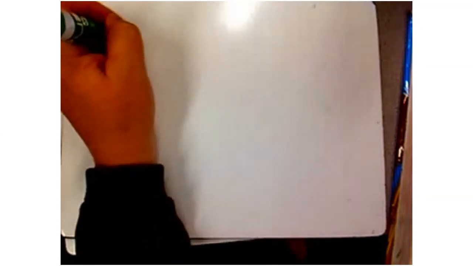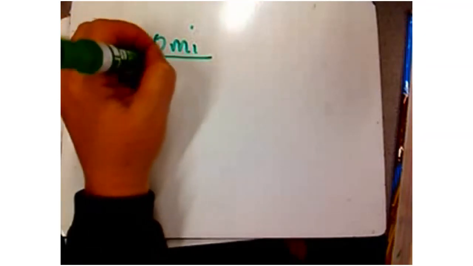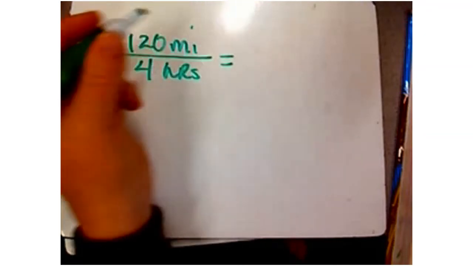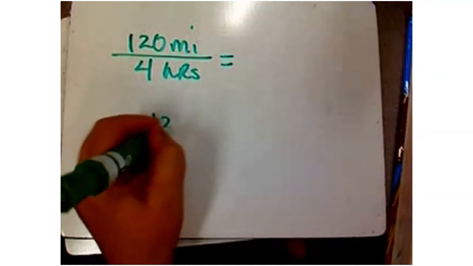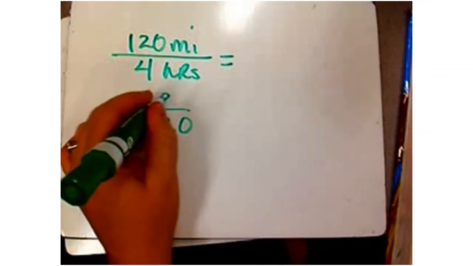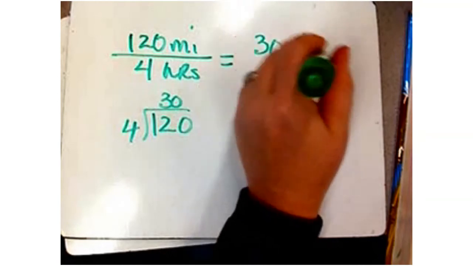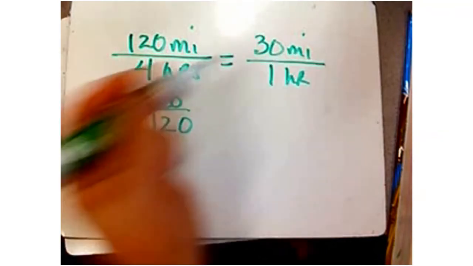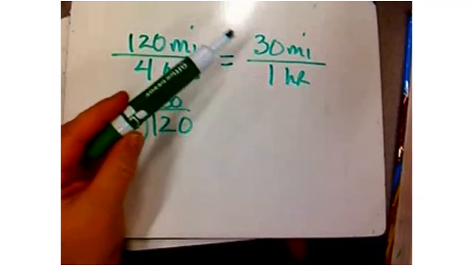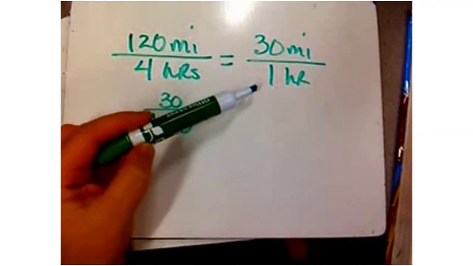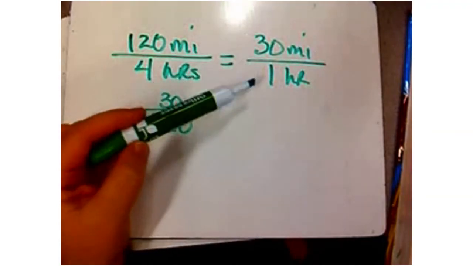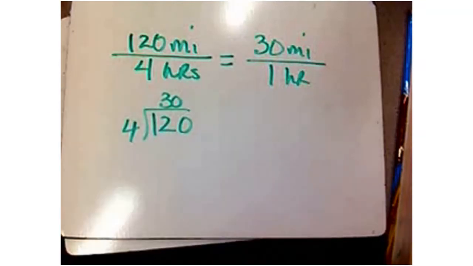Example 4 says 120 miles per 4 hours. We're going to just do the division: 120 divided by 4, that's 30. So we answer it as 30 miles per 1 hour. So you just do the division and then answer it as per 1, whatever it is, miles per hour, dollars per hour, that kind of thing.